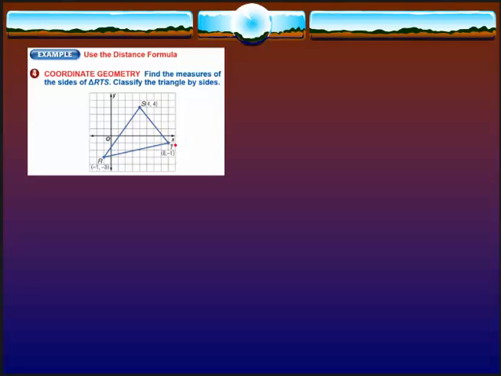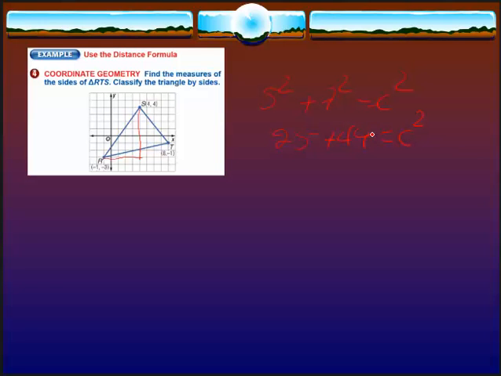You can plug it in your distance formula, or remember, we can make a right triangle with each one of these vertices and do a squared plus b squared equals c squared. 1, 2, 3, 4, 5. 1, 2, 3, 4, 5, 6, 7. Okay, so 5 squared plus 7 squared equals c squared. 25 plus 49 equals c squared.